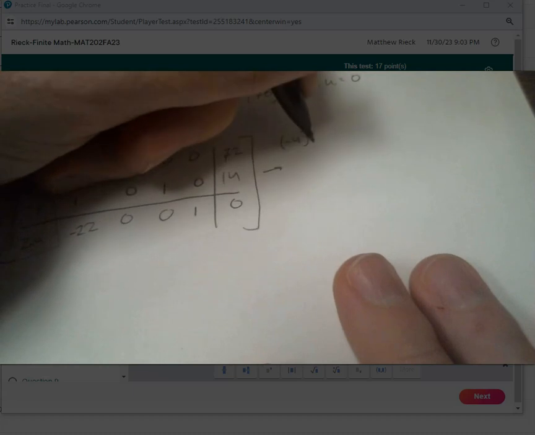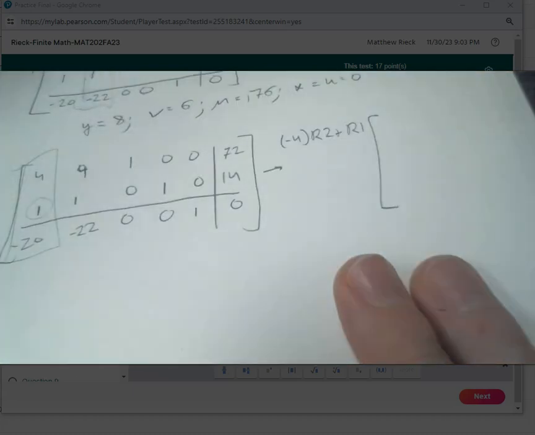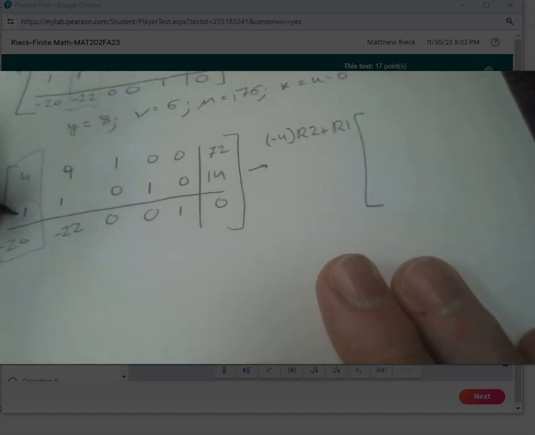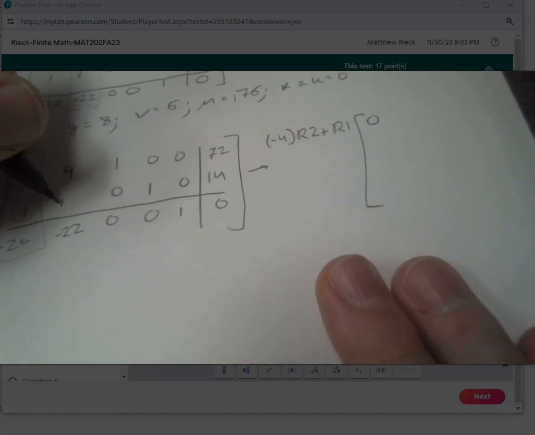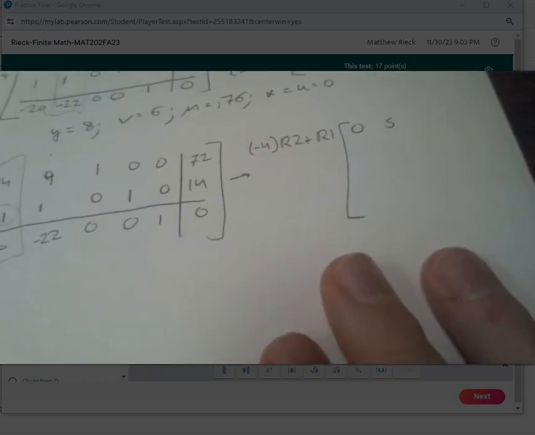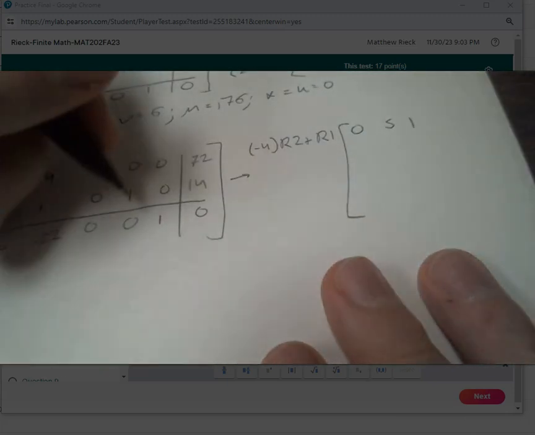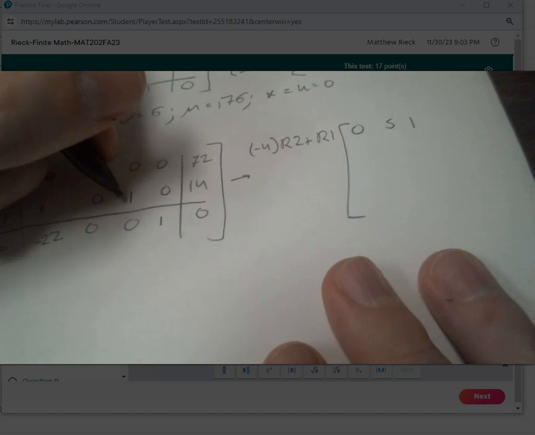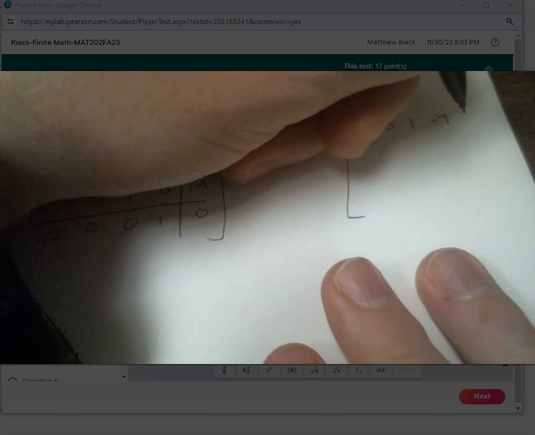So in this case, we're going to take -4 times row 2 and add it to row 1. So -4 times 1 is going to be -4, plus 4 is going to be 0. -4 times 1 is -4, plus 9 is 5. -4 times 0 is 0, plus 1 is 1. -4 times 1 is -4, plus 0 is -4. 0 plus 0 is 0.